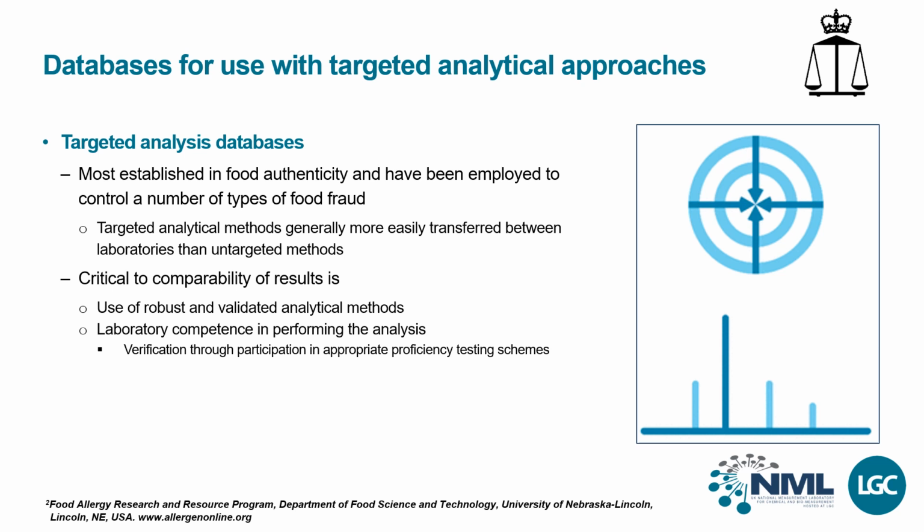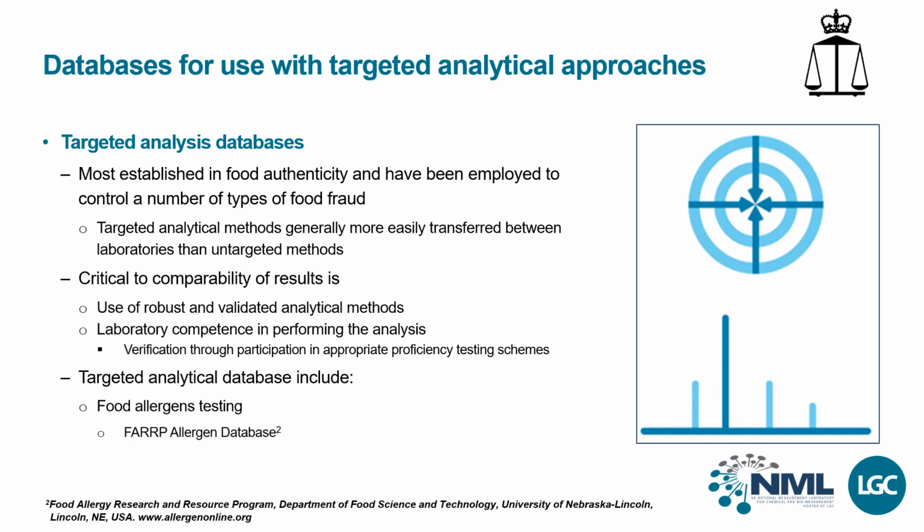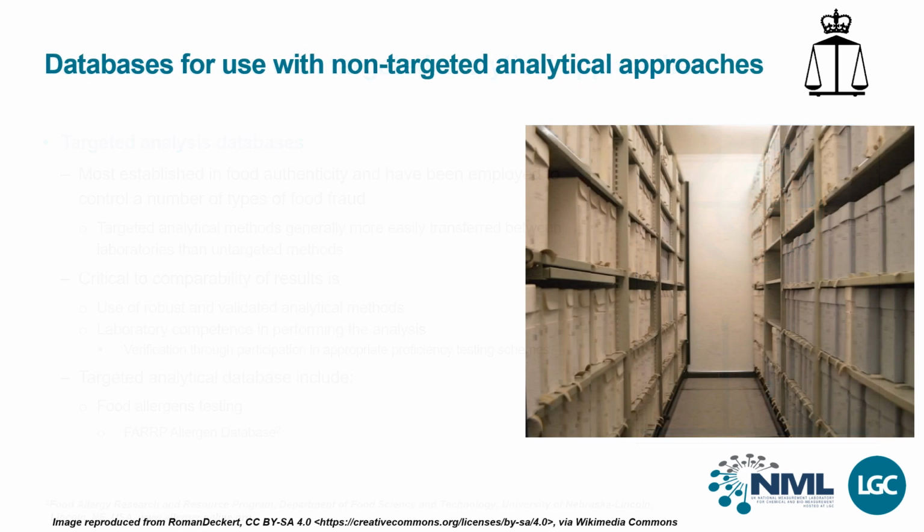An example of an established targeted analytical database for foods is that of the Food Allergy Research and Resource Programme Database, or FARRP, which is maintained at the University of Nebraska, Lincoln in the USA.